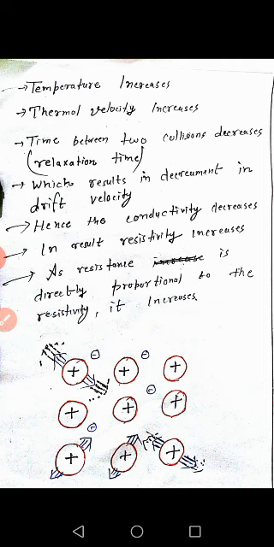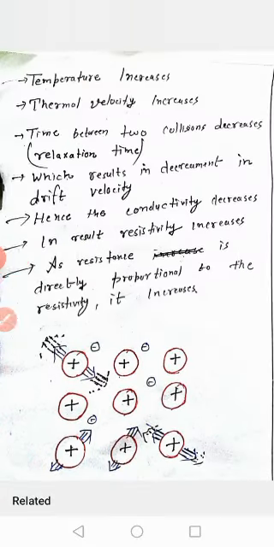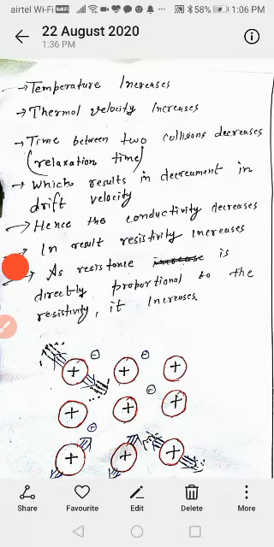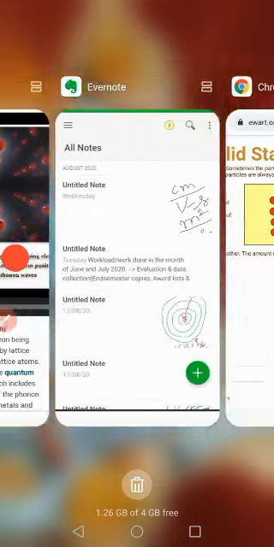So as a result the conductivity decreases, and we can conclude the resistivity increases when the conductivity decreases, and as the resistivity increases the resistance will also increase. Okay, let me put it here.